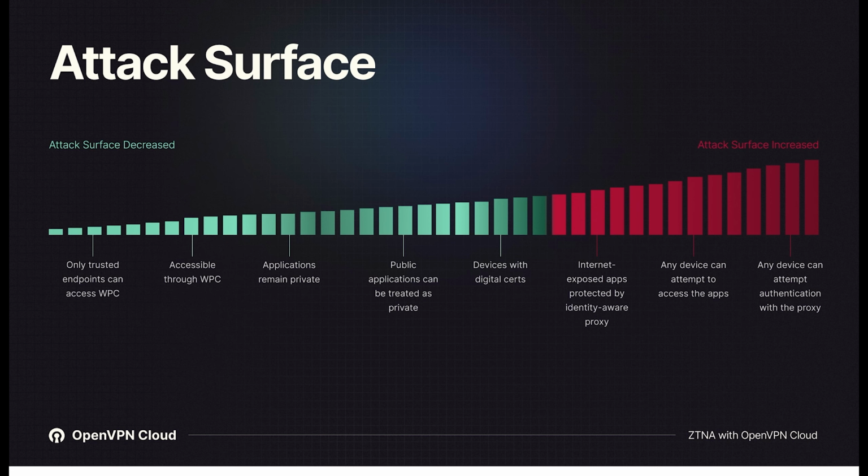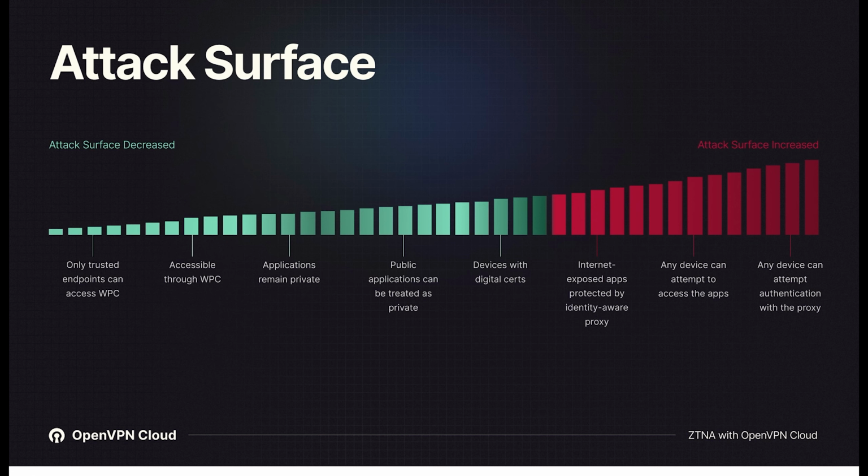To make it simple, it's defined as the total number of all possible entry points for unauthorized access into any system. So, as you can see on the slide, creating a private overlay network and using it to provide zero trust access to private and public trusted applications reduces attack surface compared to other strategies which promote exposing the apps to the internet and provide access through an identity proxy solution.